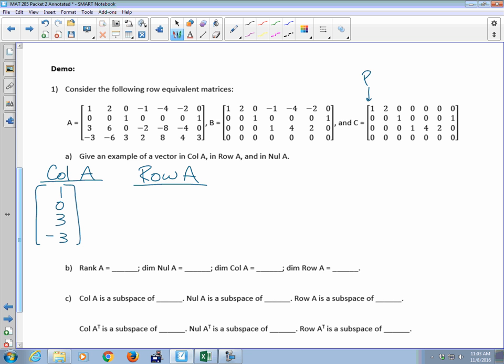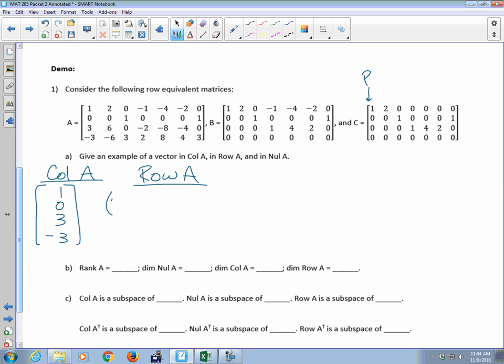C is just the fully row reduced version where you have ones in your pivot positions. So any non-zero row from B or C would be in the row space of A. Row 2, okay. From B and C are the same. So I tend to write vectors from the row space horizontally to remind myself that they were rows and not columns, but you can write it either way.